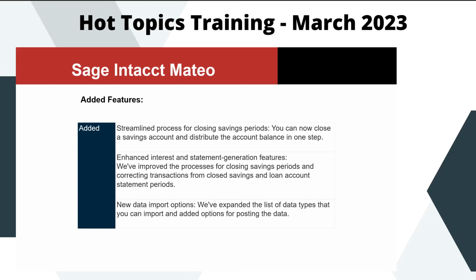Included are your loan opening balances, any loan adjustments, and loan payoffs. Note that when you're importing this data, you can now specify whether it will post to both Sage Intacct and Sage Intacct Mateo, or just Sage Intacct Mateo only.